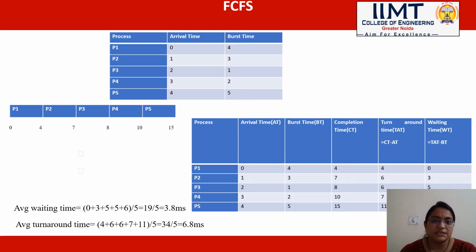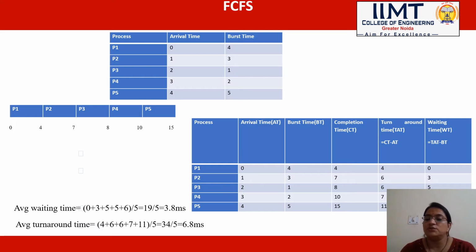All processes take the CPU according to their burst times, and after completion of execution the CPU is deallocated from the process. So for completion time, P1 completes at 4 seconds, P2 at 7 seconds, P3 at 8 seconds, P4 at 10 seconds, and P5 at 15 seconds.